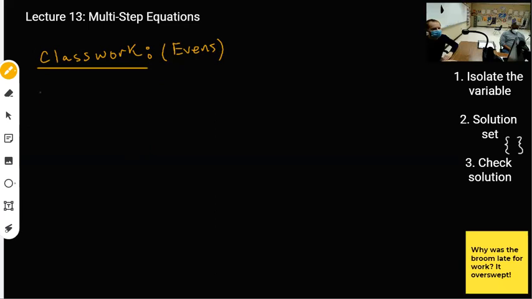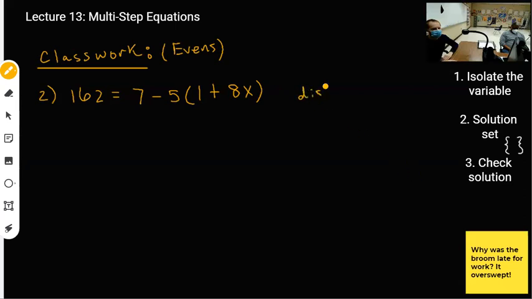All right, let's start off with number 2. We've got 162 is equal to 7 minus 5 times (1 plus 8x). Now with these multi-step equations, you're going to want to do the distributive property first.